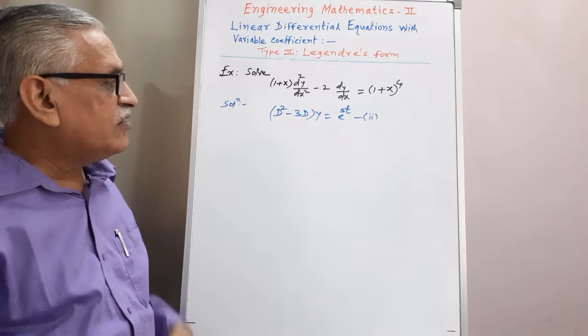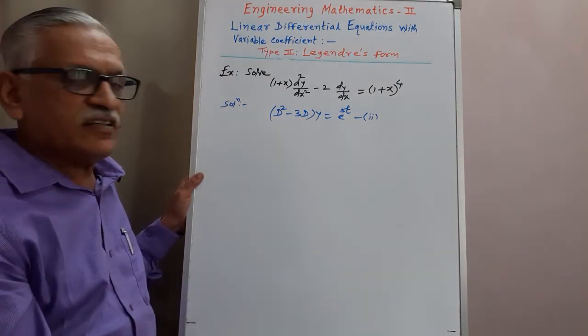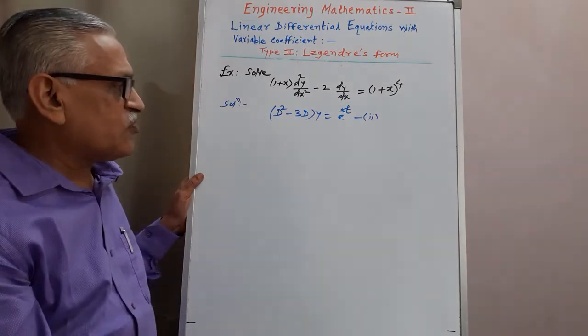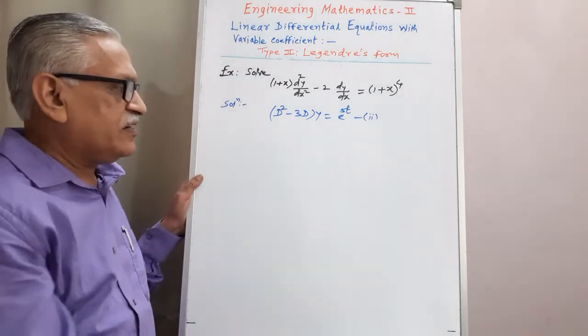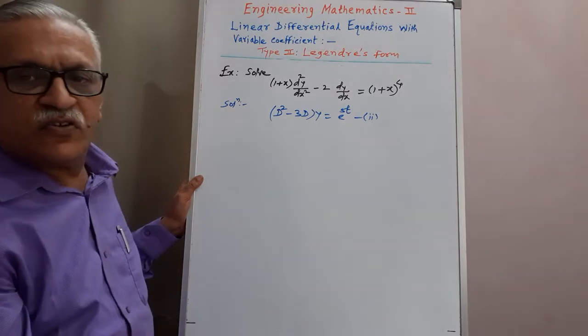We get the equation as (D² − 3D) y = e^(5t), a second order linear differential equation with constant coefficients.